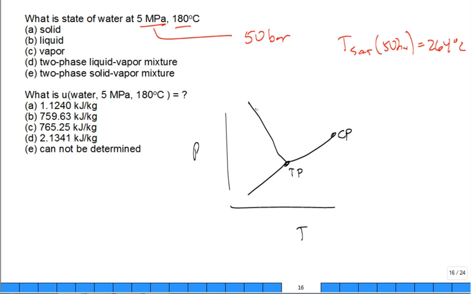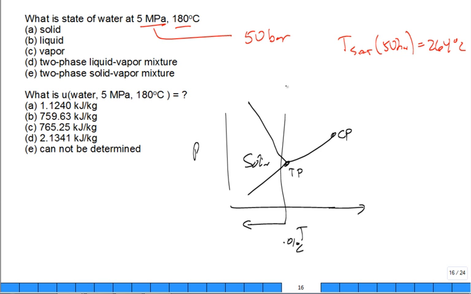What's the maximum temperature for ice? The maximum temperature for water to be solid is the triple point. You can have a solid when it's less than 0.01 degrees C, but you can't when it's greater than 0.01 degrees C. It's impossible.